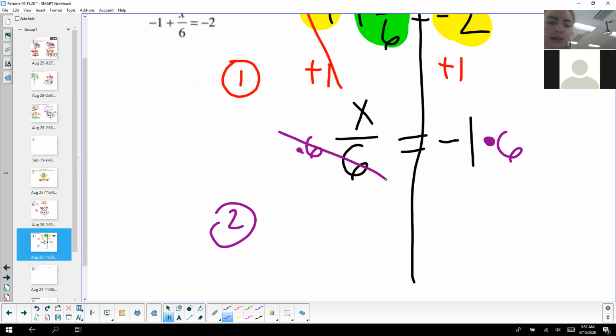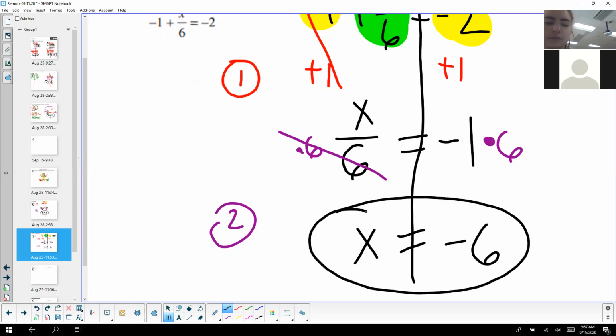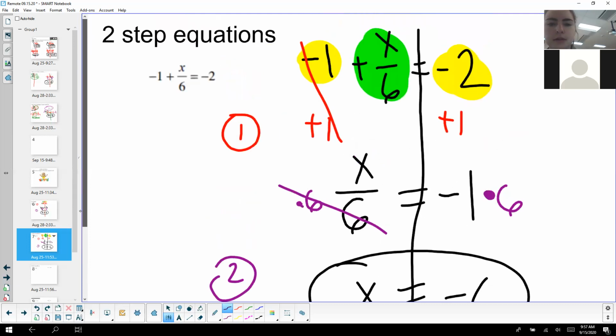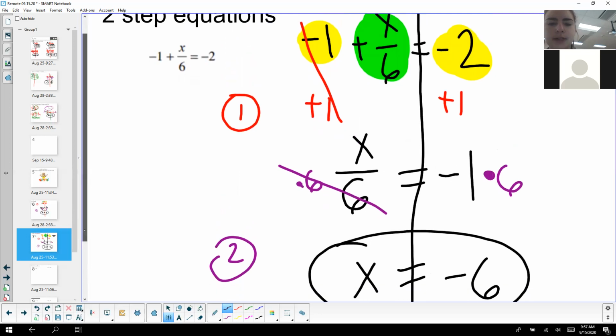So that'll cancel. Again, my goal is to get x all by itself. So x equals -1 times 6, which gives me -6. I'll leave that up there for a second so you can finish getting that written down.